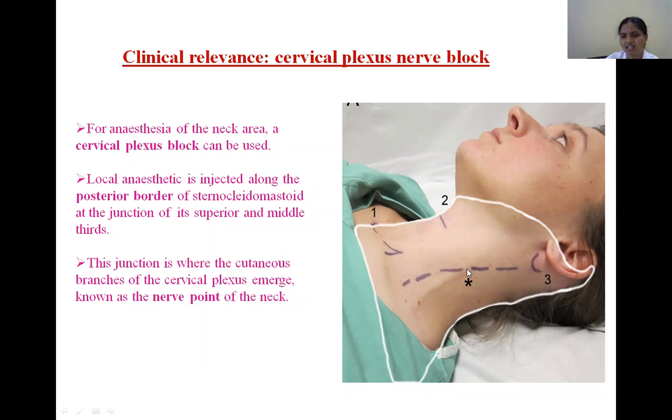This is where exactly these nerves are emerging from deep to superficial. So surgeons will give an anesthesia at this particular point, okay, before their surgical interventions. So this junction is very important. Where cutaneous branches of the cervical plexus emerge, it is known as the nerve point of the neck for surgeons.